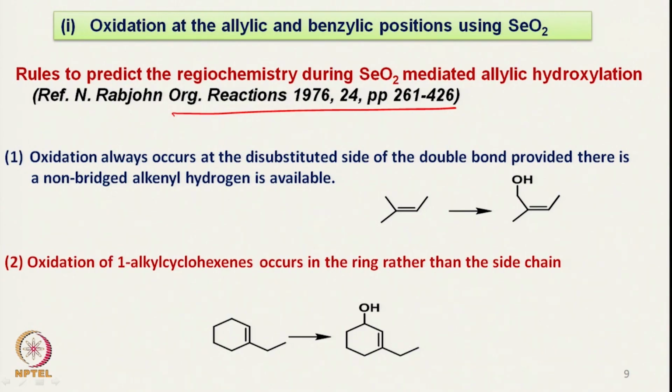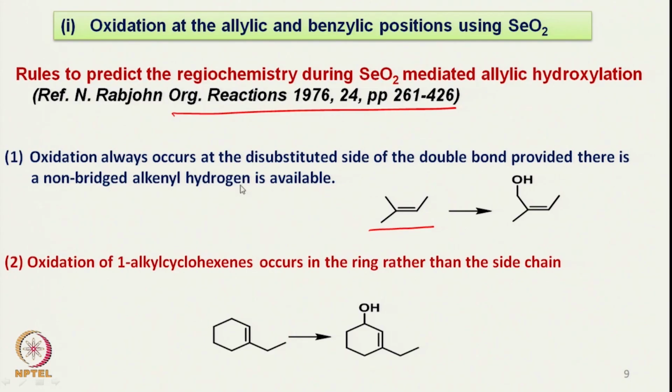For example, when we have an oxidation to carry out on an olefin of this type, which has 3 substituents on the double bond, the first rule says oxidation always occurs at the disubstituted side of the double bond, provided there is a non-bridged alkyl hydrogen available.